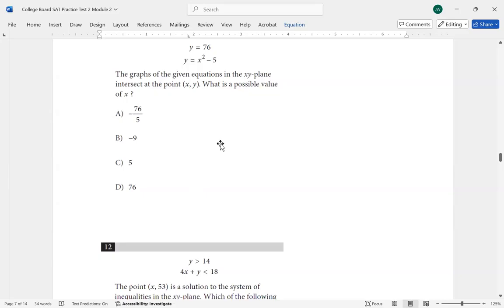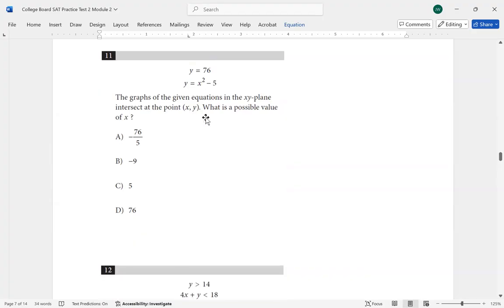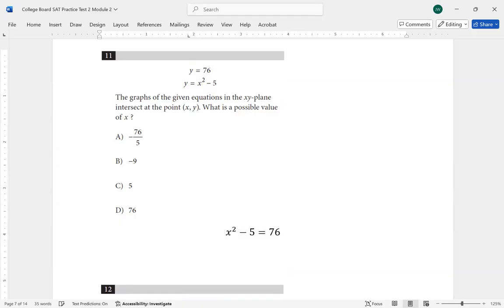So we want to figure out where these two intersect and then ask ourselves at what values of x they will intersect. So intersection is going to happen when the outputs are equal. So in other words, when the output of x squared minus 5 is equal to the output of 76. Y is the output, x is the input in my terminology. And therefore, all we have to do is solve this equation.